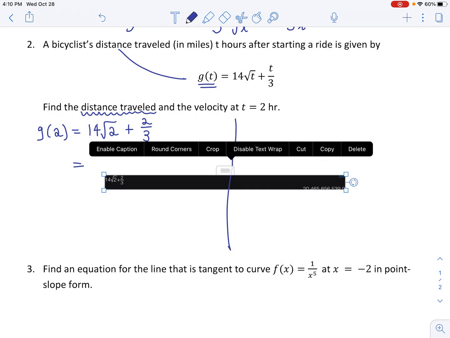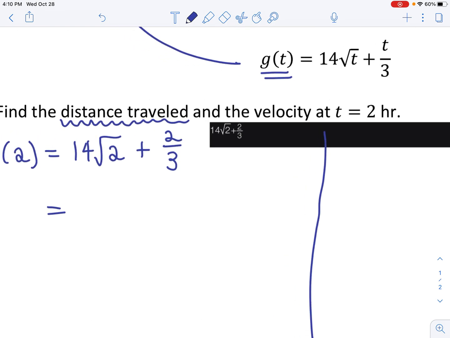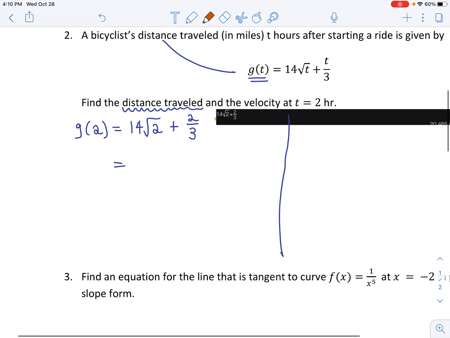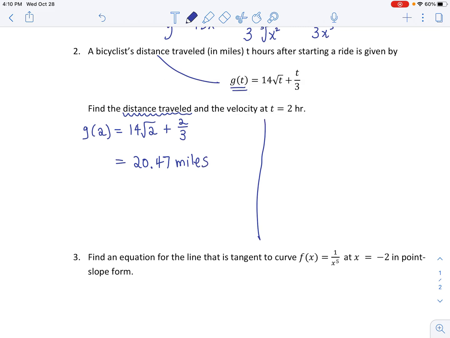The reason I took a screenshot is because I want to make sure I typed in the right thing. 14 square root of 2. Oh yeah, I got it right. So the answer is going to be 20.47, I'll just round it, miles.